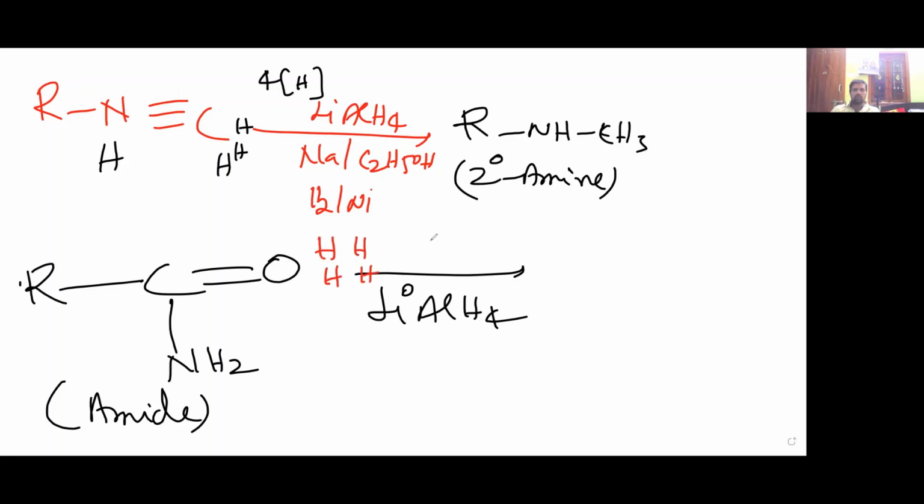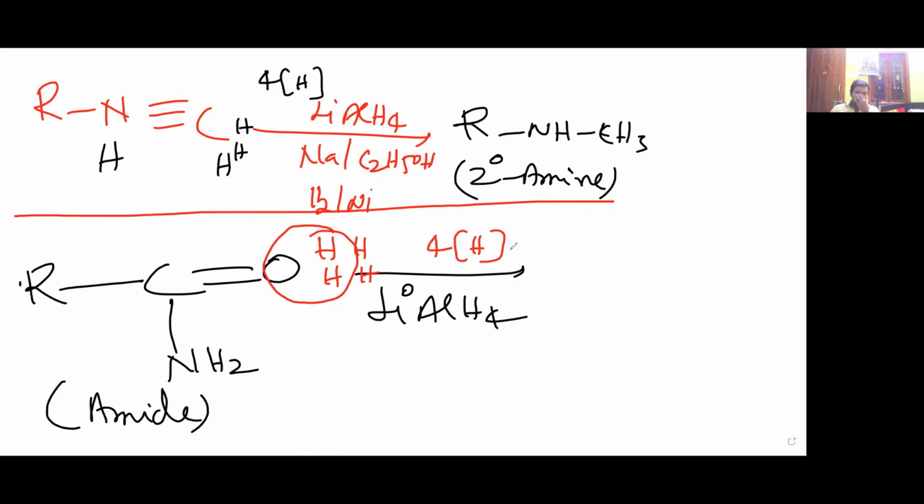There are 4 hydrogens from LiAlH4. In these 4 hydrogens, water is eliminated. So 2 hydrogens are added to carbon like this. Here what part is eliminated? Water is eliminated. Then you are going to get R CH2 NH2. Again, you are getting the primary amine.